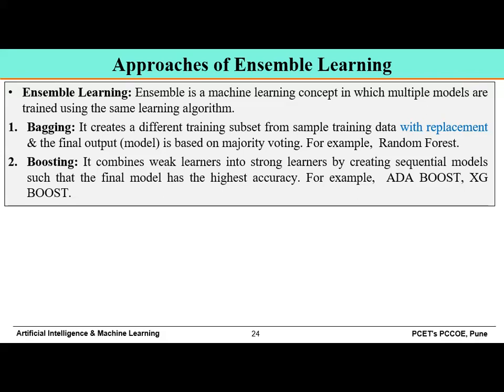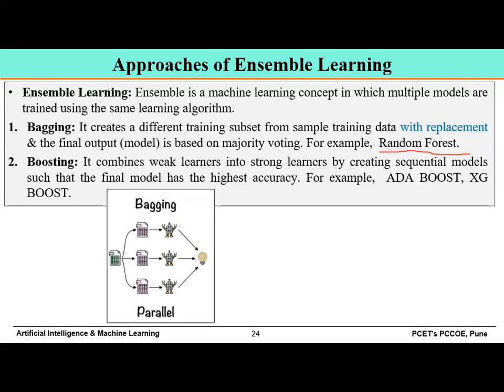In order to understand the concept of bagging and boosting, we will take examples. One important thing I would like to highlight: out of boosting and bagging, in our syllabus we will be focusing more on bagging, because in bagging one of the examples is random forest. Is it clear?